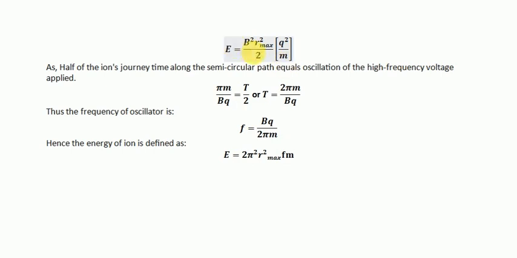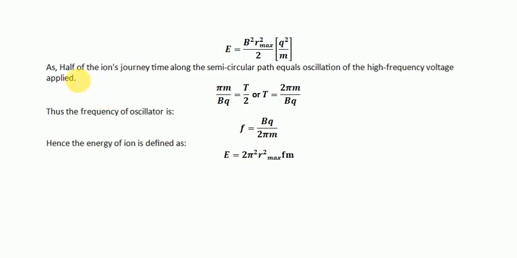We have E equals B squared R max squared by 2 into q squared by m. This formula tells us that the particle energy depends on the strength of the magnetic field B, the maximum radius R it reaches, and the particle's own charge q and mass m.